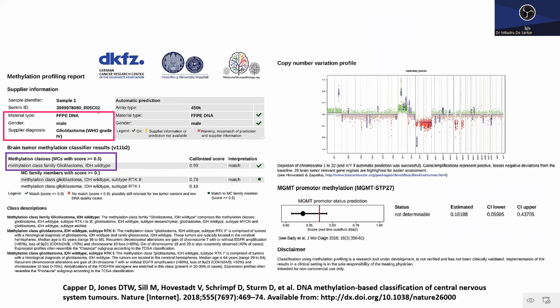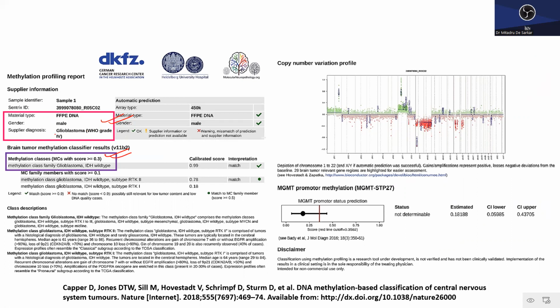As you can see over here, the one in the pink is the diagnosis that was made in your lab. The diagnosis that you gave was glioblastoma WHO grade 4. The methylation profiling was done and analyzed against the cohort cluster at DKFZ, and the final report that you got was a methylation class family.